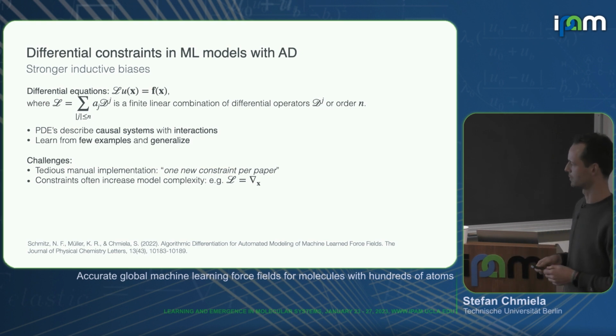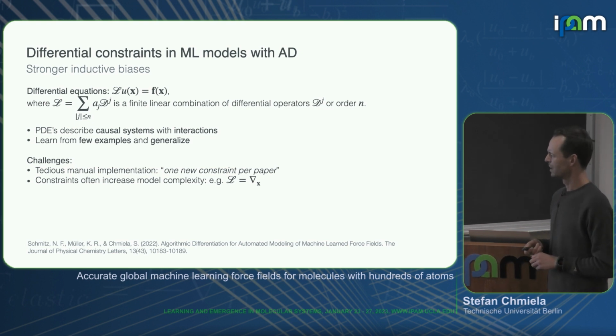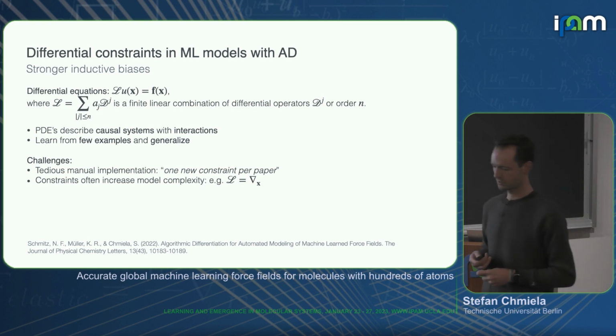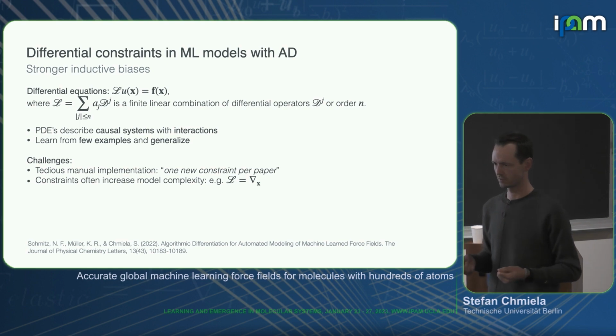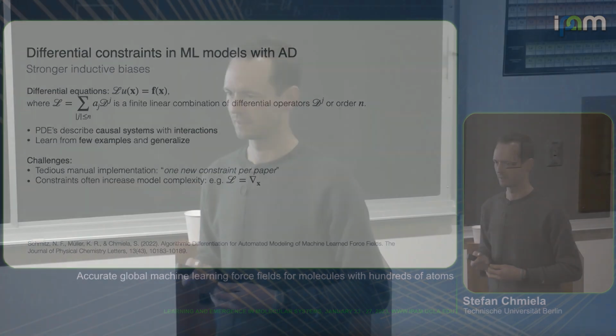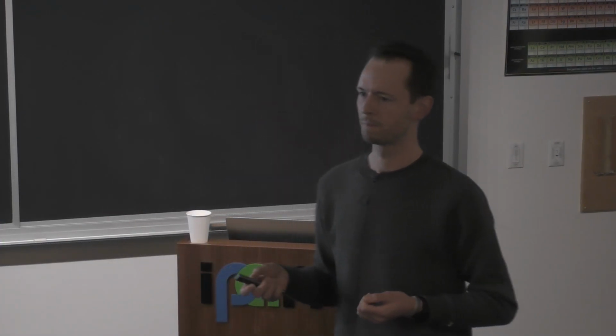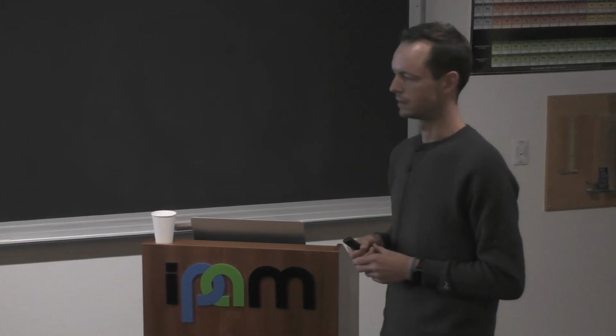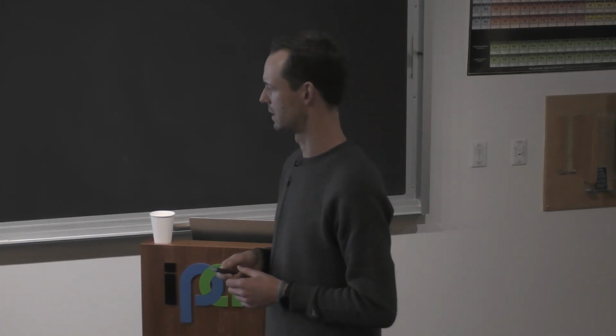Another problem is that if you impose such constraints, the model complexity usually increases tremendously. For example, if you impose a gradient constraint on a model, then you have all the partial derivatives, and suddenly there's a factor by which your model complexity increases.